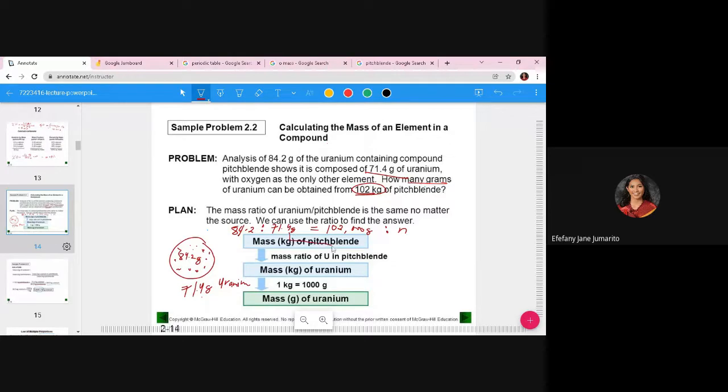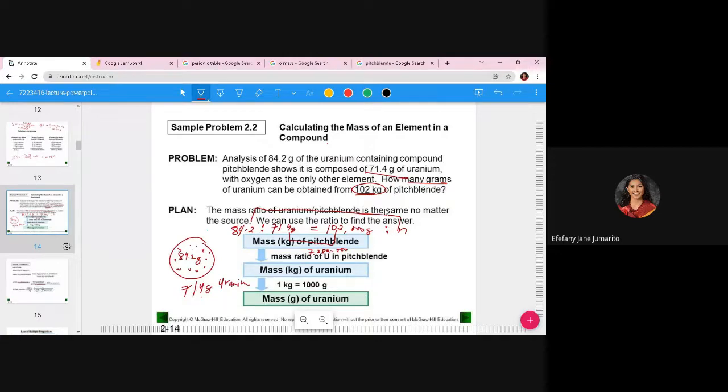Then, i-times diri nga part. So, 71.4 times 102,000 is 7,282,800. Kani 84.2 times N, so 84.2 N.